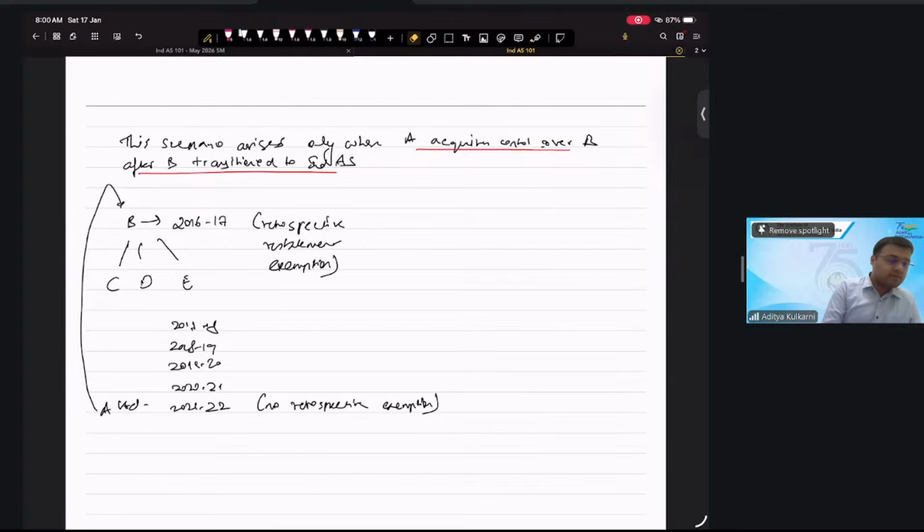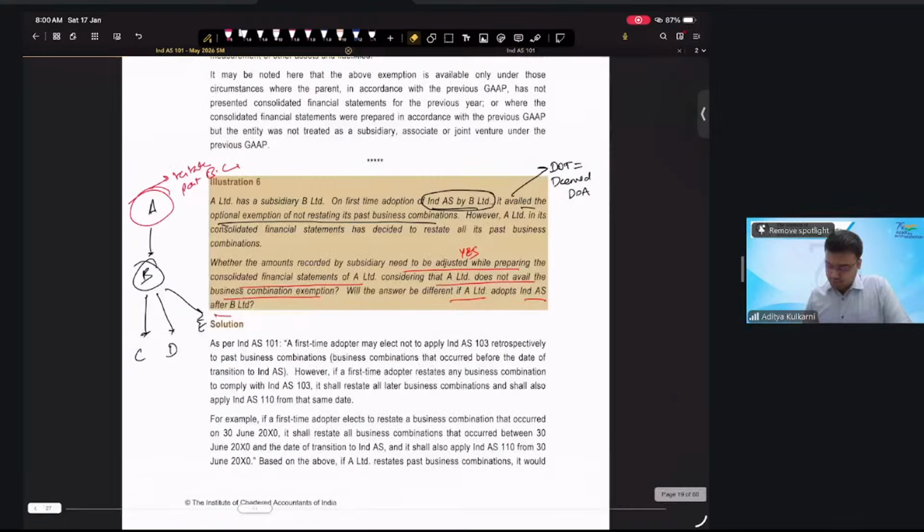Are we okay with this? Are you finding it interesting? Are you able to connect the dots? Okay, fine. So that takes care of illustration 6.